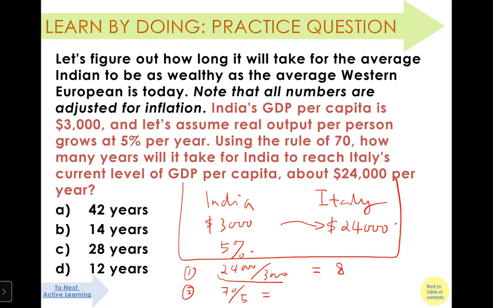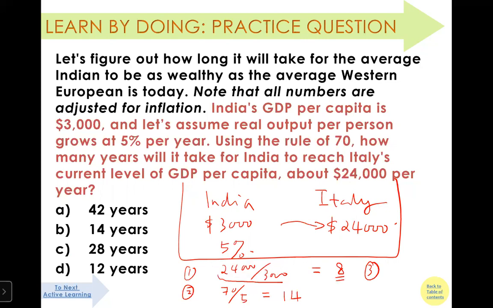Secondly, you need to find out how many years it takes to double India's GDP. Use the rule of 70: 70 divided by 5% is 14 years. Now the last step. Every 14 years, you double your income.